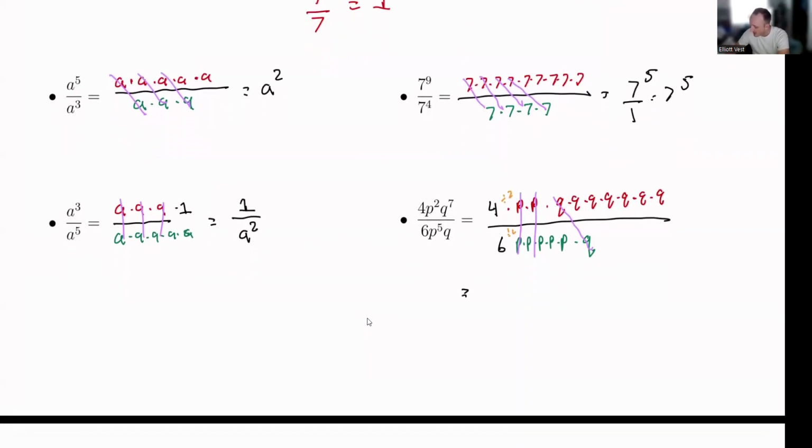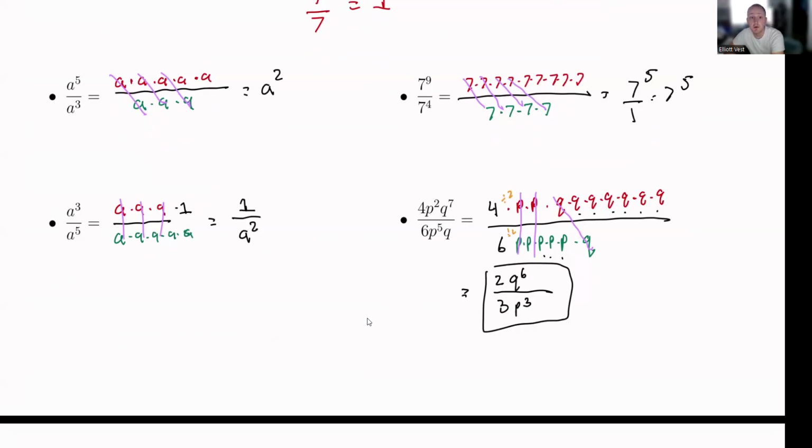So 4 divided by 2 is 2, divided by 3. What am I left with in the numerator? I have 1, 2, 3, 4, 5, 6 q's. And then I have 1, 2, 3 p's. And that's my answer there.